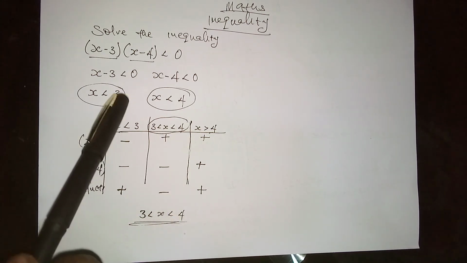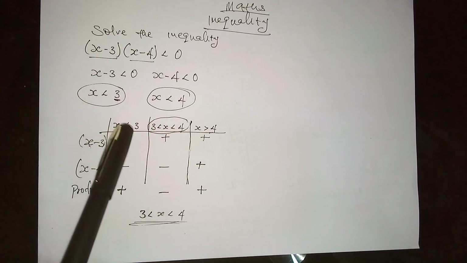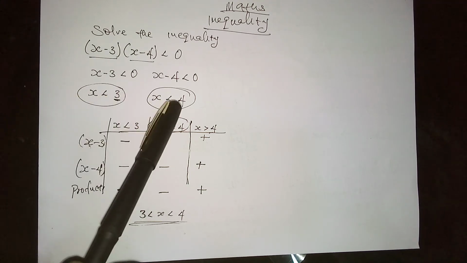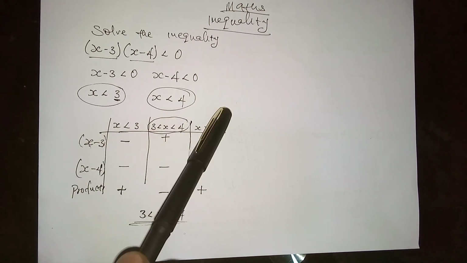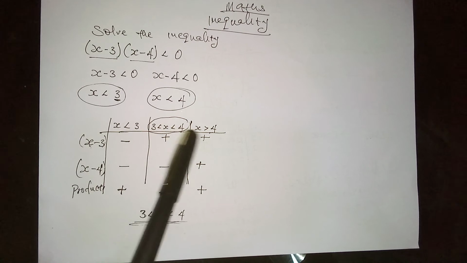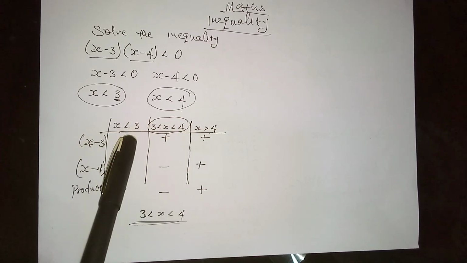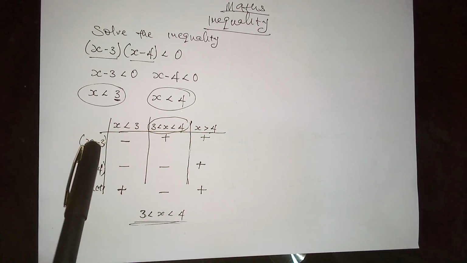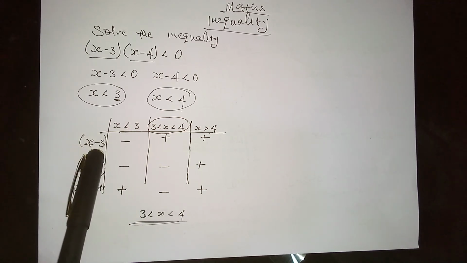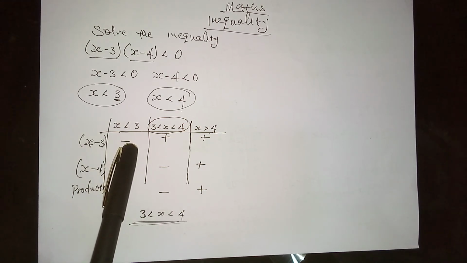So we are choosing the smallest number, when x is less than that smallest number, when x is between the smallest number and the highest number, and when x is greater than the highest number. Then multiply the signs. When you put in a number less than 3 and subtract 3, are you going to have a negative or positive value?